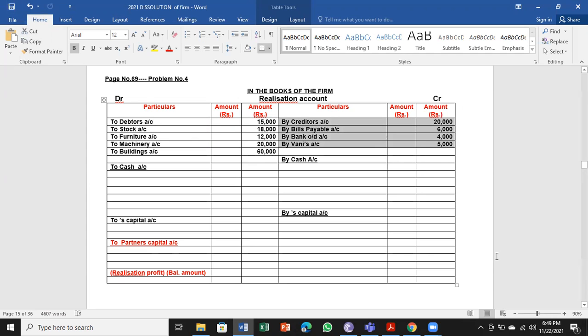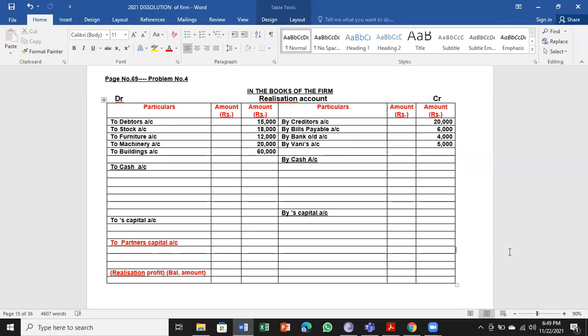So here profit or loss may arise because when you realize more value for the assets, profit. When you realize less on the assets, loss. Similarly, when you pay more to the liabilities, it's a loss. When you pay less to the liabilities, it's a profit or a gain.